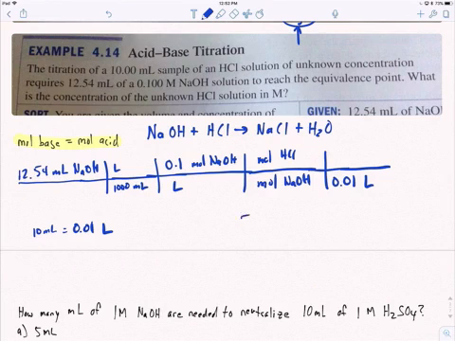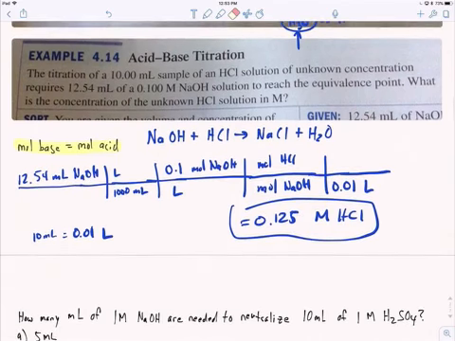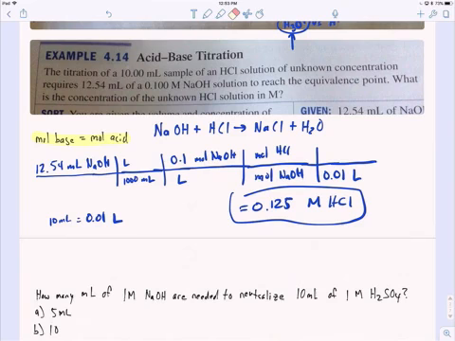And the solution is 0.1254 molar HCl. Actually, no, we only have 3 sig figs. So we only know it to 0.125 molar HCl.